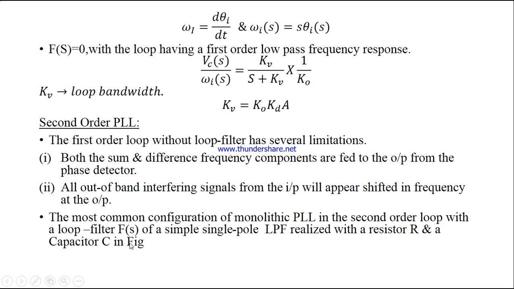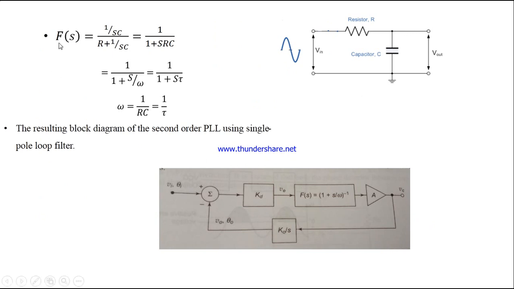The most common configuration of monolithic PLL is the second order loop with a loop filter F(s) of a single pole low pass filter realized with a resistor R and a capacitor C. It is shown in the figure, and F(s) is given by this equation, and the resulting block diagram of the second order PLL using the single pole loop filter is given by this block diagram.